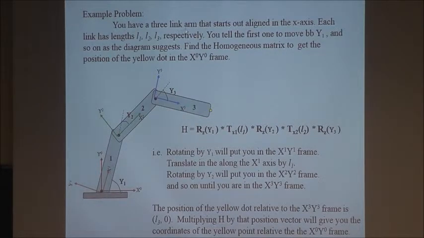You have a 3-link arm that starts out aligned along the x-axis, like this. Each link has a length L1, L2, L3 respectively. You tell the first one to move by Y1.